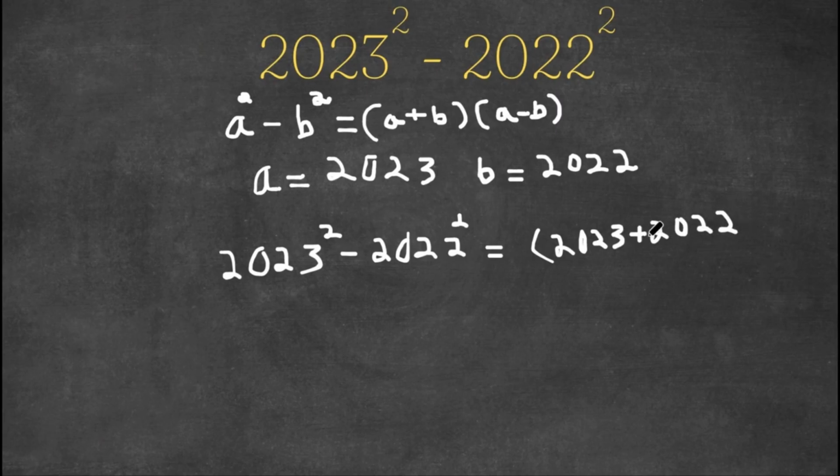So 2023 plus 2022 times 2023 minus 2022, because a minus b.